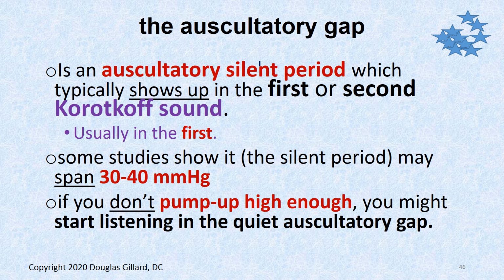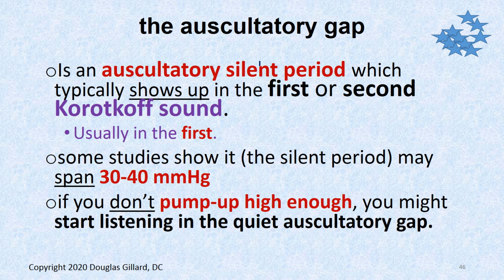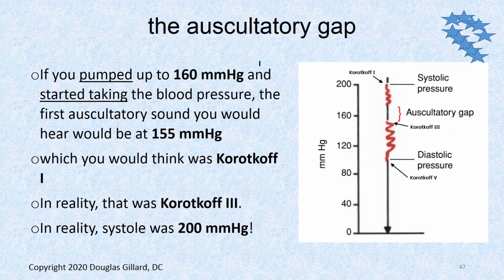Some studies show it's 30 to 40 silent. It's seen in people with hypertension more than anything else. So it's important to catch that. Here's another example where 170 to maybe 150 is a quiet period. If you only pump up to 160, 170, and you listen, there's nothing there because you didn't pump up high enough.